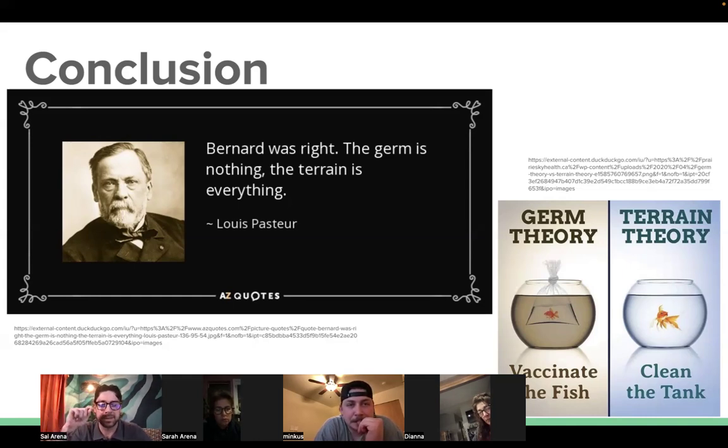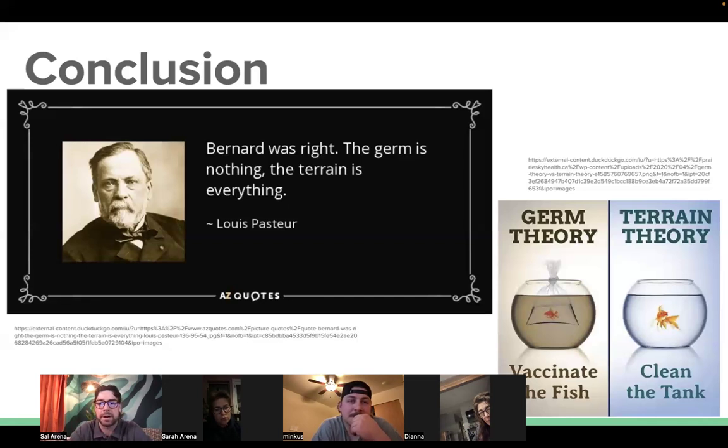The germ is nothing. The terrain is everything." Bernard being Antoine Béchamp, the founder of the terrain model, is who he's referencing there. But I find it interesting that even later on, as his work developed, he said, "No, I think something's missing here. We need to add something to this or reevaluate."